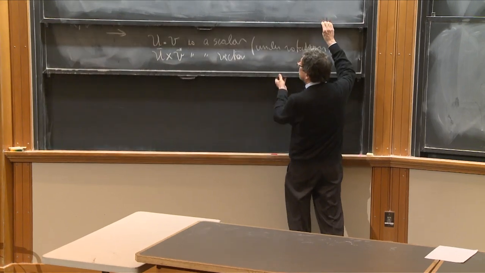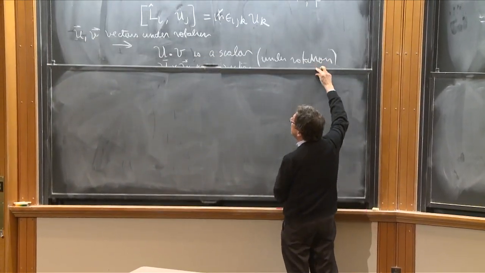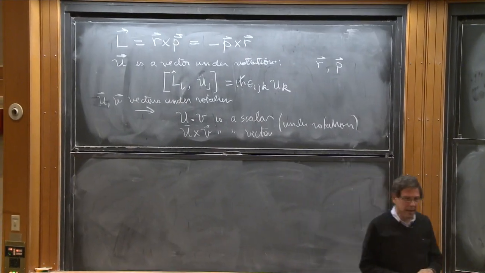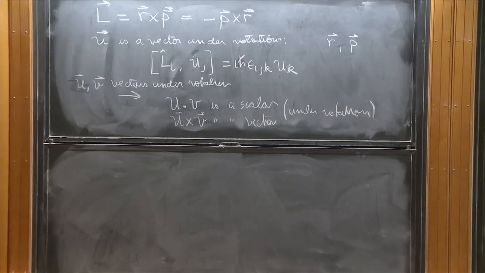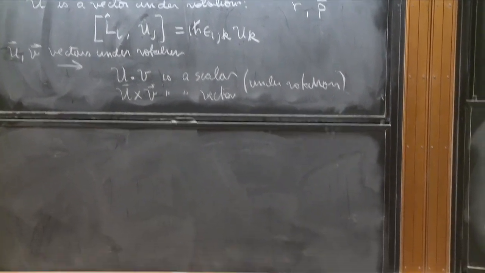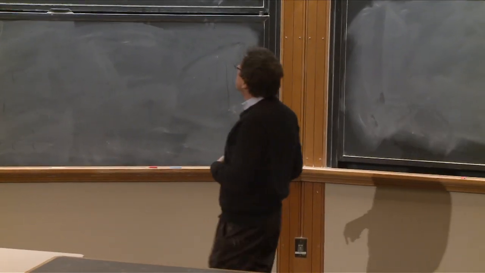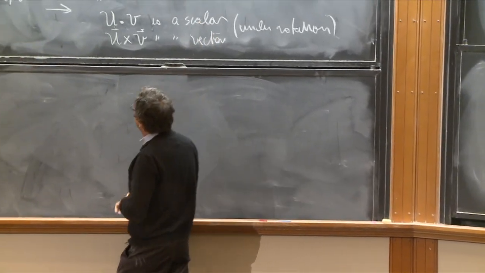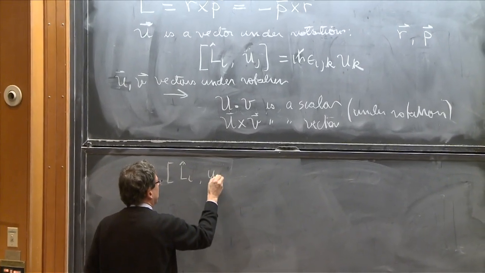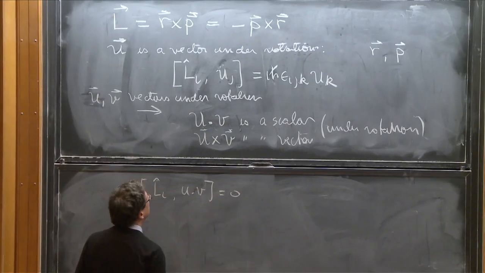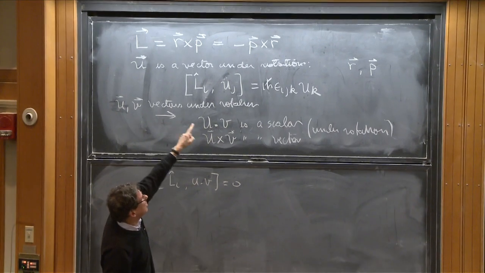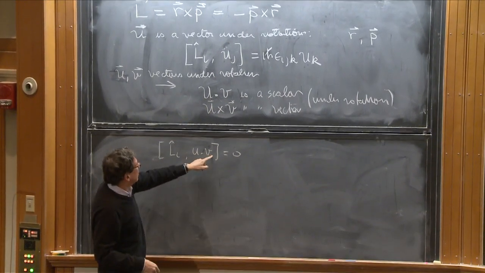This is something you must prove, because if you know how U and V commute with the angular momentum, you know how U times V, in either the dot combination or the cross combination, commutes with L. To say that something is a scalar means that the commutator of Li with U dot V is 0. You don't have to calculate it again. If you've shown that U and V are vectors, this commutes with this.